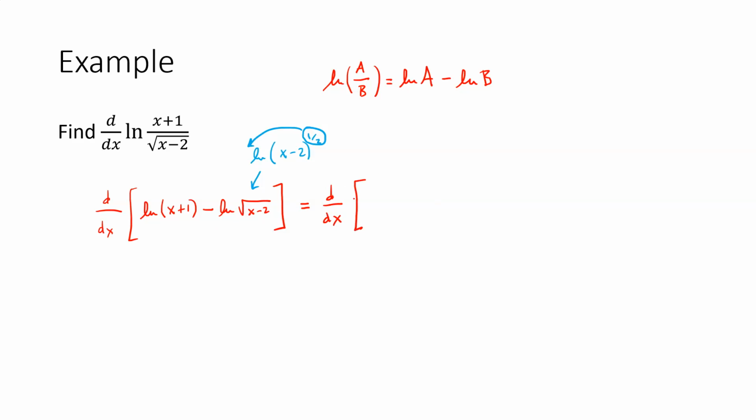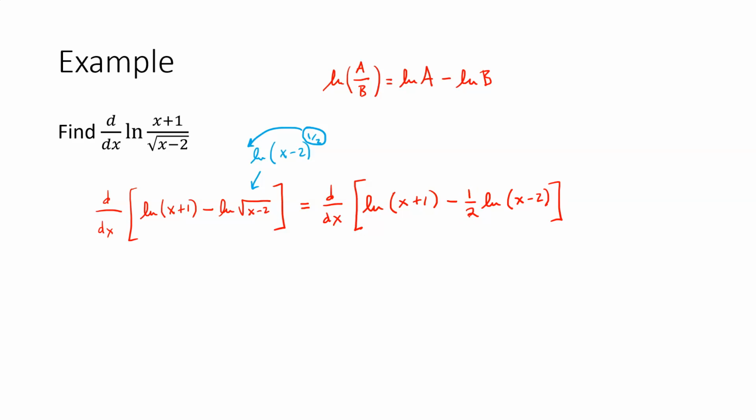But doing this last little simplification actually reduces the complexity of the derivative quite a bit, because now what was the square root originally is now a factor of 1/2 in front of the log.